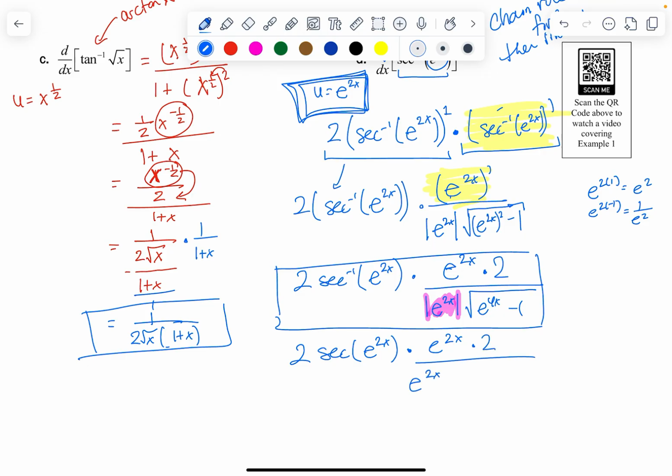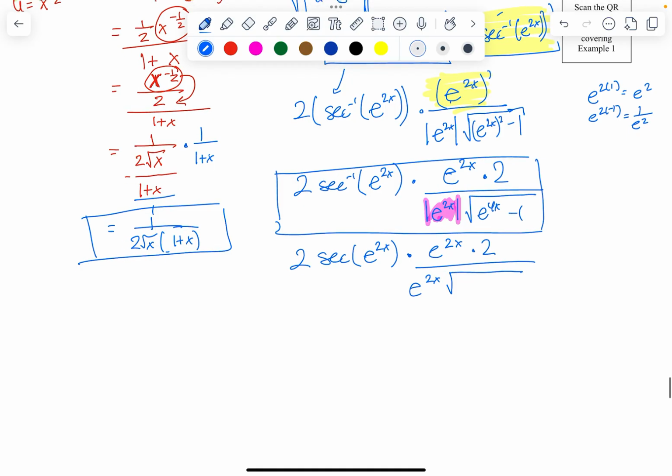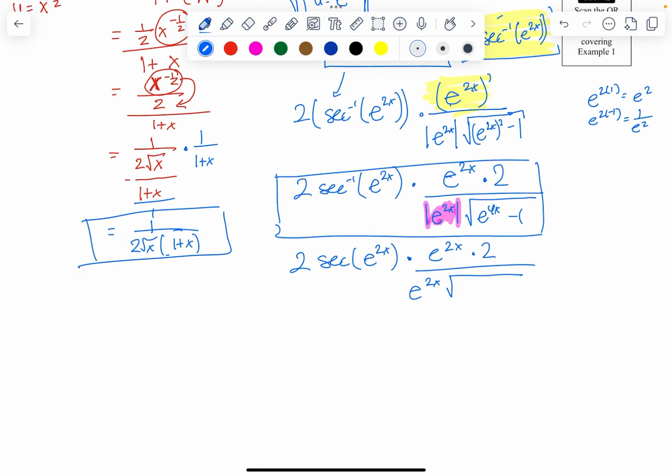Sometimes if they give you these types of problems with absolute values, the multiple choice answer might have a missing absolute value, and you might think to yourself that you've done something wrong. But there is some thought that goes into why they eliminated the absolute value.